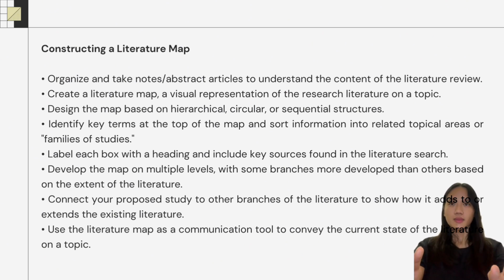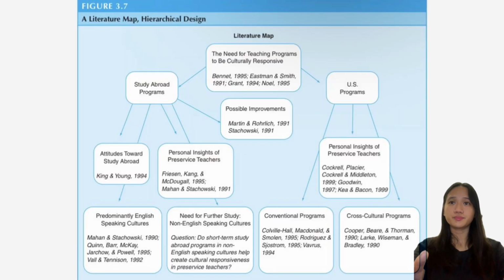Developing a comprehensive literature map involves multi-level construction and the hierarchy representation of existing research. Connecting one's study to the map showcases its relevance and extends the literature. This visual communication tool aids in understanding the research landscape, identifying gaps, and guiding future investigation for researchers.